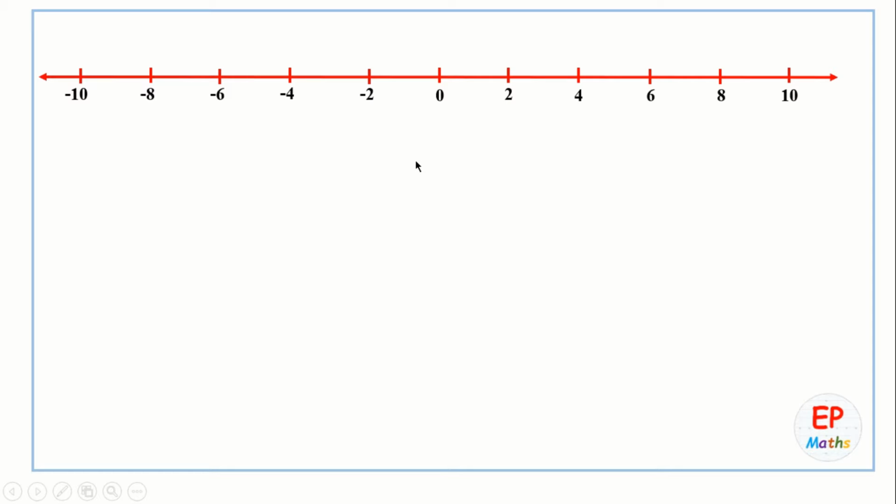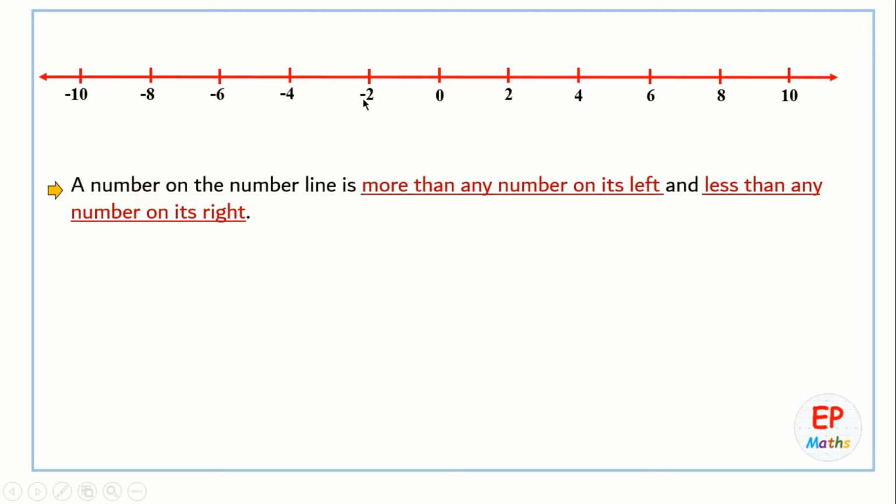We have already looked at the number line. I believe that everyone knows what a number line is. Okay? We know that a number on the number line is more than any number on its left and less than any number on its right. So, going to the right, numbers become more.